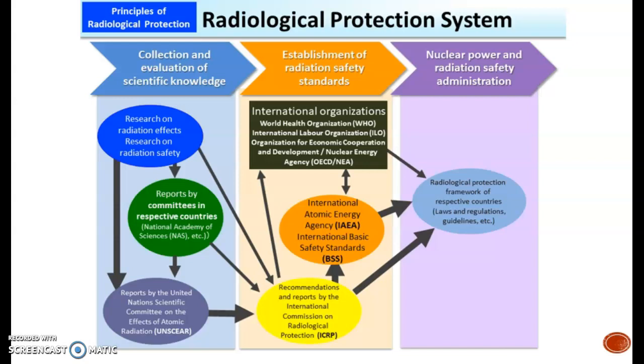They have a document called the Basic Safety Standards, which many countries ascribe to. They establish a comprehensive document, and this document refers to ICRP recommendations, and it is referenced back to the scientists that are part of the UNSCEAR organization.